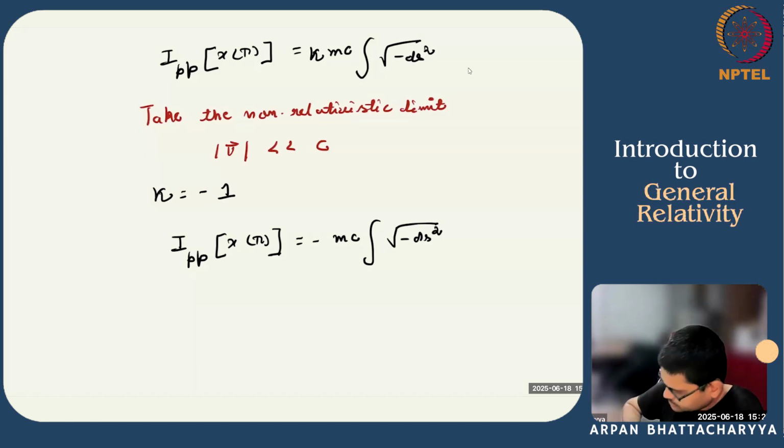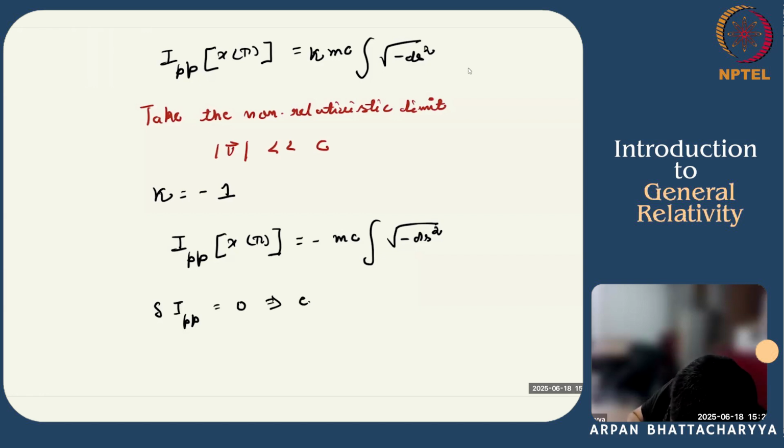Now let's rewrite this in a bit more convenient way. First of all, remember that if you have to determine the equation of motion, you have to vary this action, delta I. This gives the equation of motion.